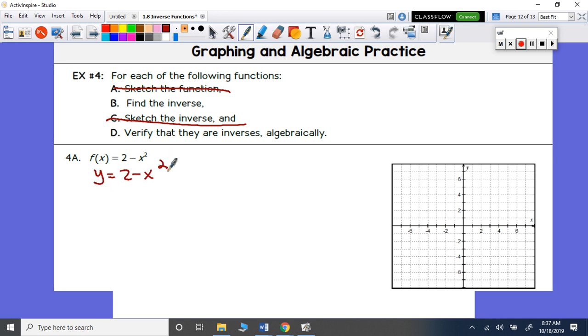So, to find the inverse, it's what we've done automatically. You replace your f of x with y. You flip-flop your x's and y's. And then when I solve for y, I get x minus 2 equals a negative y squared. And I'm going to let you guys help me out here.